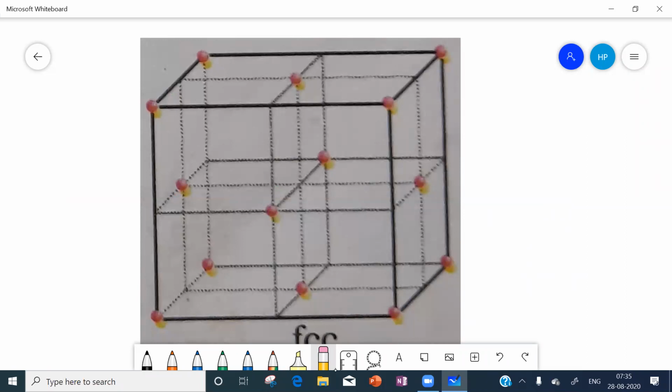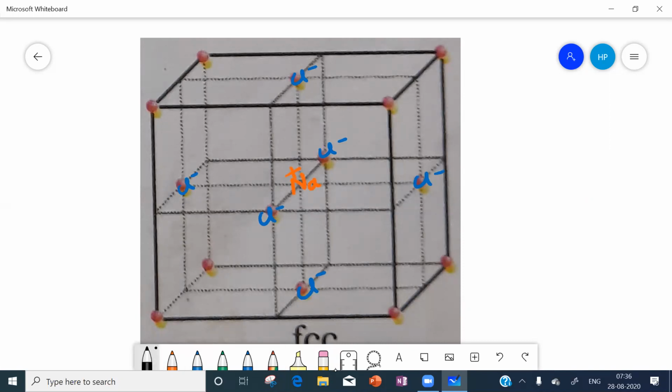At body center we have to keep Na plus. At face centers we have to keep Cl minus. Okay. Now we will see coordination number.